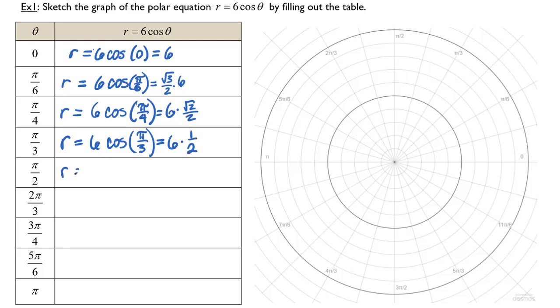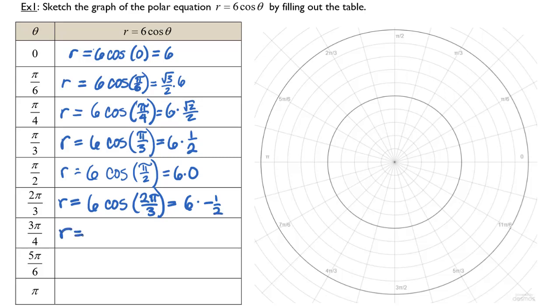The next one is r equals 6 times cosine of pi over 2. At this point, I'll have 6 times 0. The next one will be r equals 6 times cosine of 2 pi over 3, which will give me 6 times negative 1/2. The next one is r equals 6 times cosine of 3 pi over 4, which will give me 6 times negative root 2 over 2.